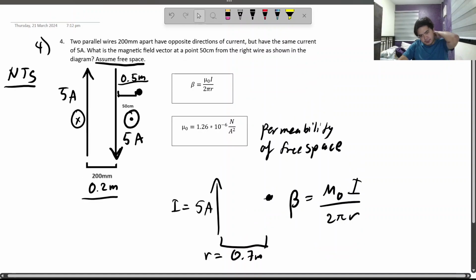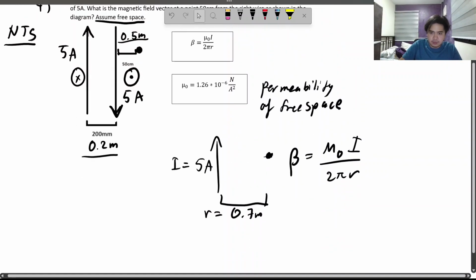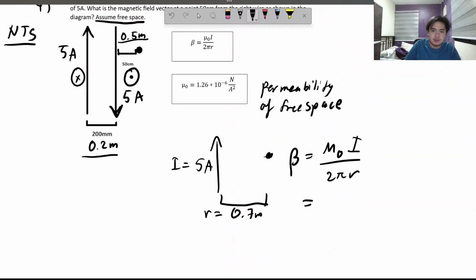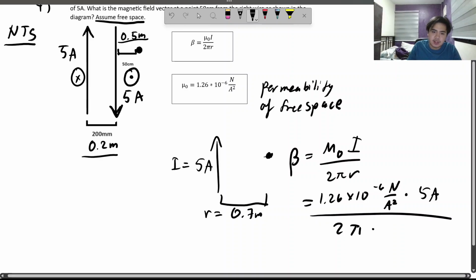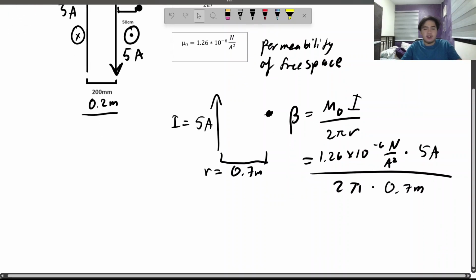Now, you just plug everything in. Again, there's 1.26 times 10 to the negative 6 newton per ampere squared multiplied by the current, which is 5 amperes, over 2 pi times the r, the distance, 0.7 meters. So we just calculate that using the trusty calculator.